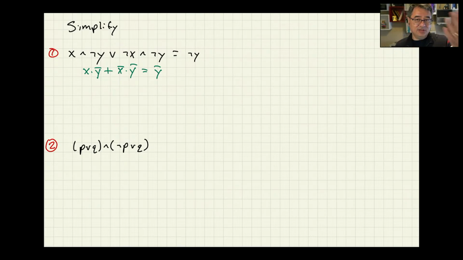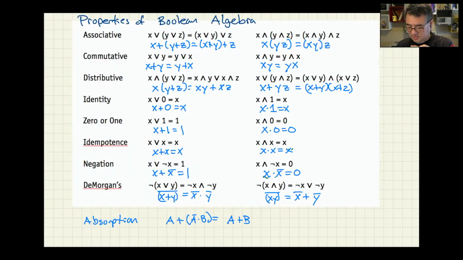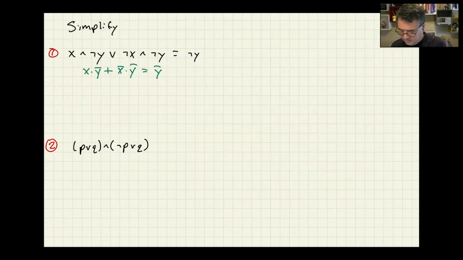And so now this becomes a problem of, do I see a pattern here, especially in regards to the properties we just wrote down? Do I see patterns there that I could apply to this to make some progress towards simplifying it? So you look at this chart and you go, does anything here kind of resemble what we have over here? What do you see?